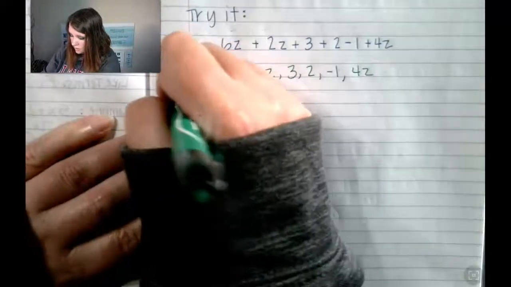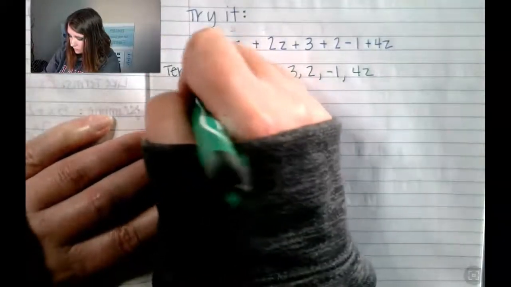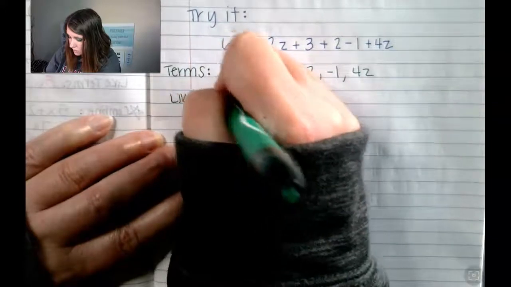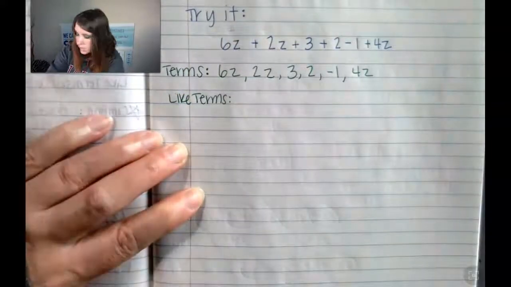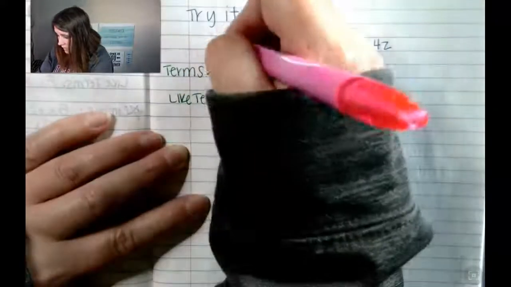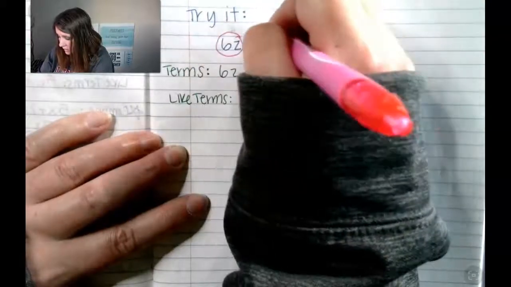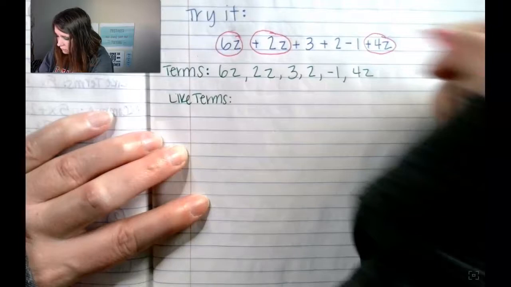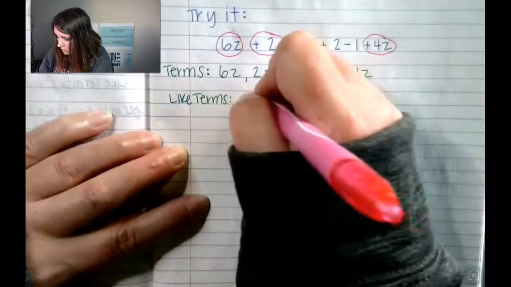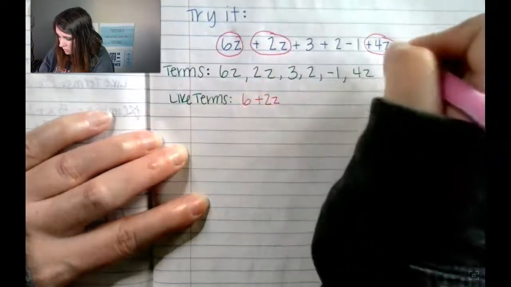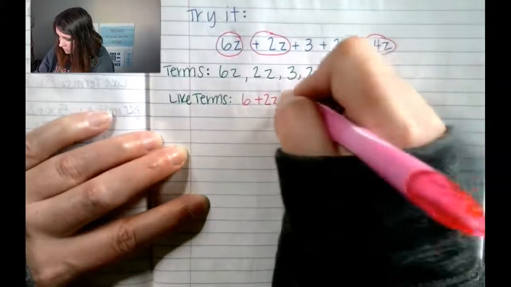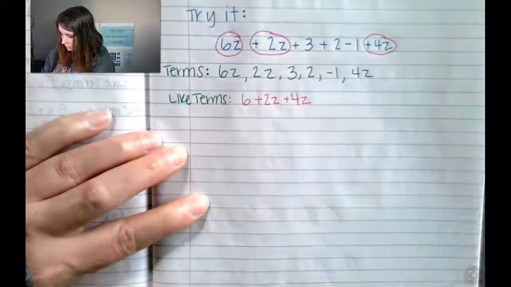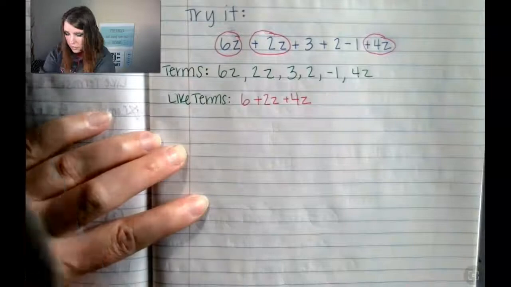All right, let's go with like terms. The like terms in this list, the ones that are the same. Let's start with our z's. We have a 6z, a positive 2z, and a positive 4z. So 6z plus 2z plus 4z. Other things that we have in this list.